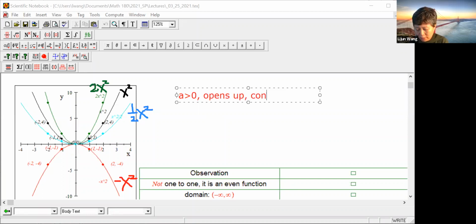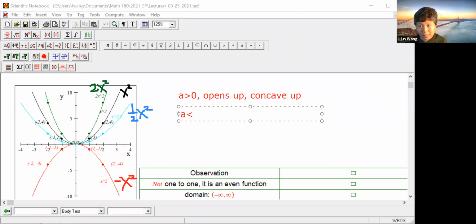Sometimes we say concave up. For A less than 0, which is the negative x squared case, it opens down. Or we can say it's concave down.